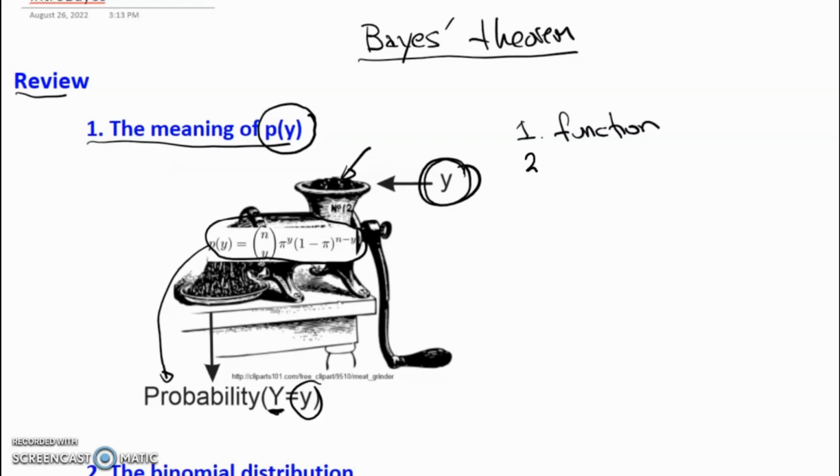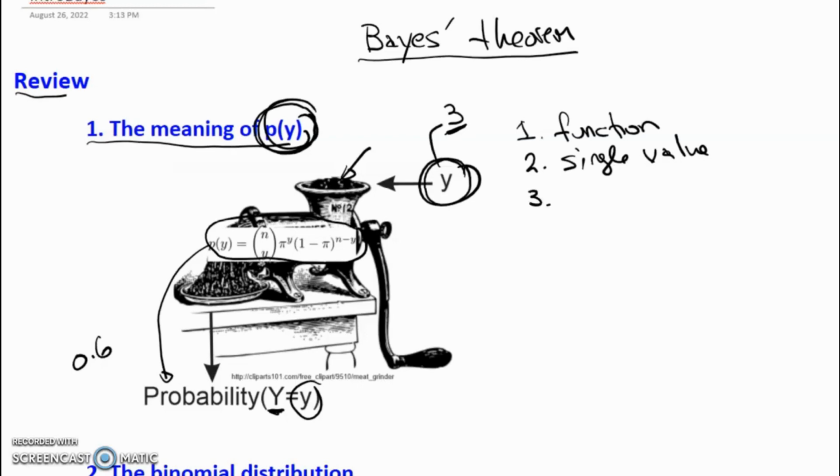A second meaning of P of y is that it can refer to a single value that's produced by this function. For example, if I put in a value of 3 for y, what might come out the other end is a value of 0.6, which is the probability of getting a value of 3.